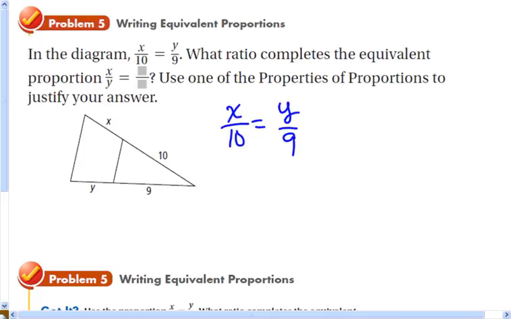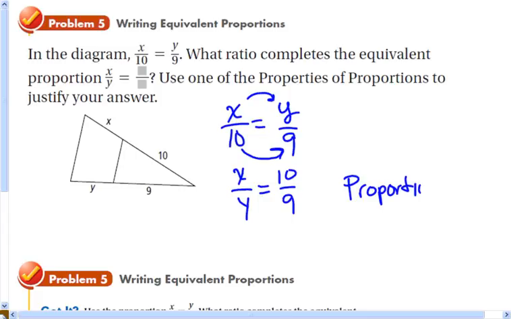And if you look back at the proportion property, you will notice that we can write these two as a ratio, and they will equal these two as a ratio. And that is, let's just call it one of the proportion properties. I think it's number 2, but as long as we know it's one of those.